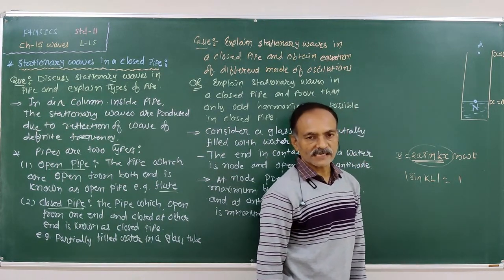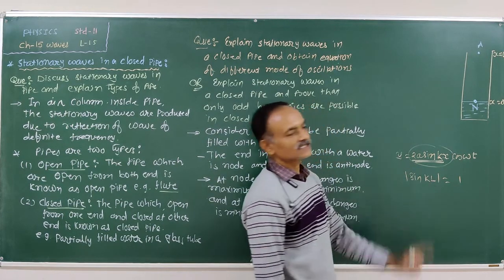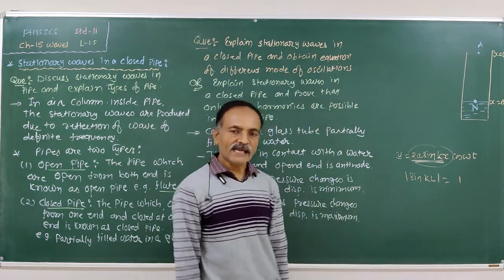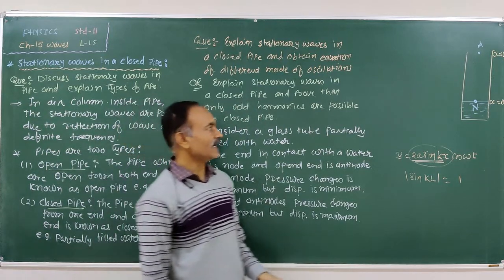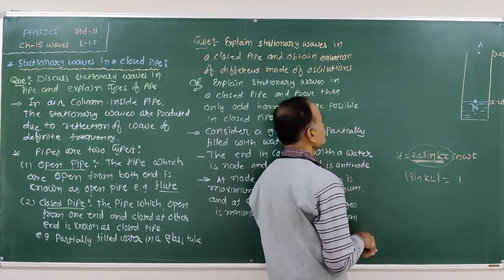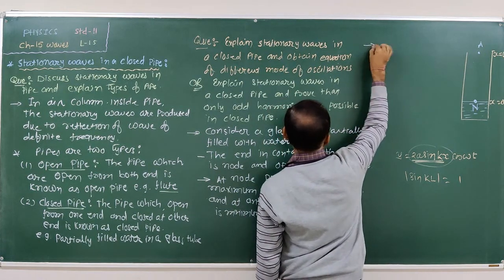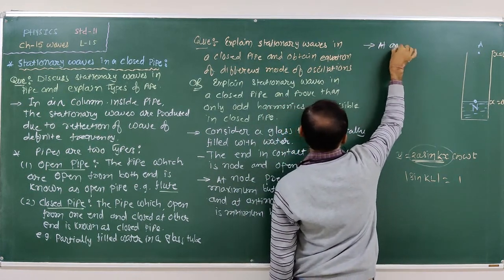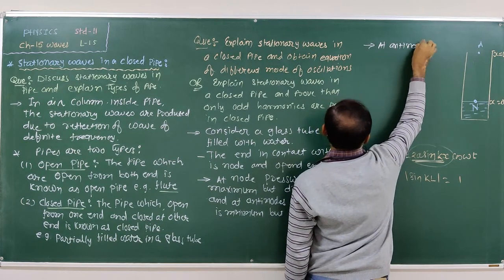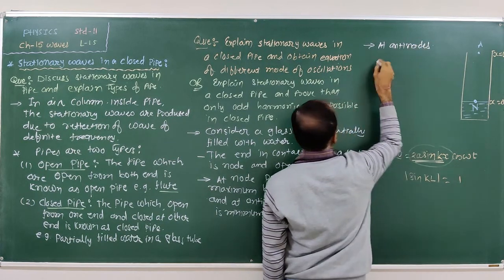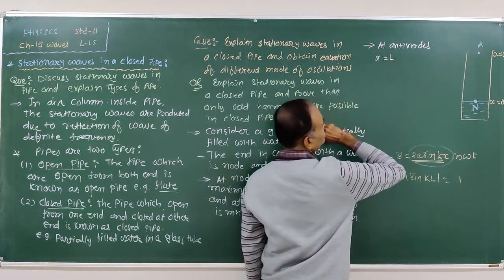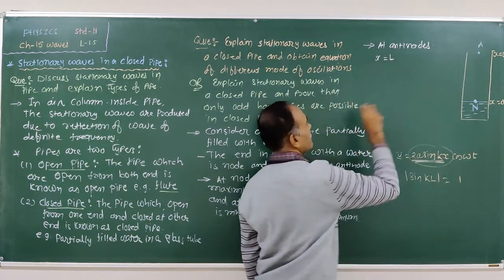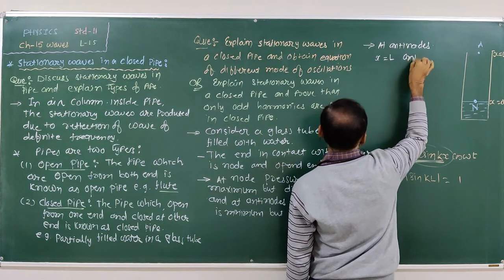Clear this thing? We are using this concept. At the antinode, that means at the antinode points, x is equal to L. For x is equal to L, amplitude is maximum.